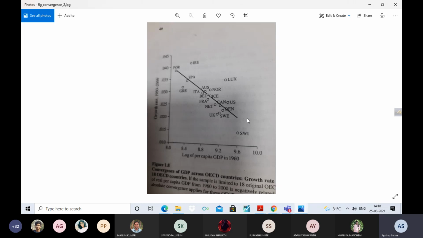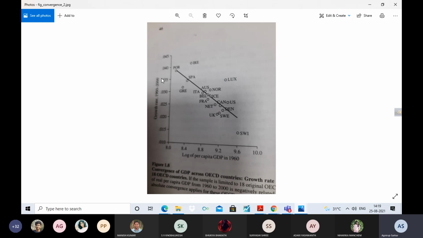So what we can definitely infer is that the initially poorer countries did experience significantly higher per capita growth rates. So the whole concept of absolute convergence holds true. This data set strongly supports the hypothesis of absolute convergence.